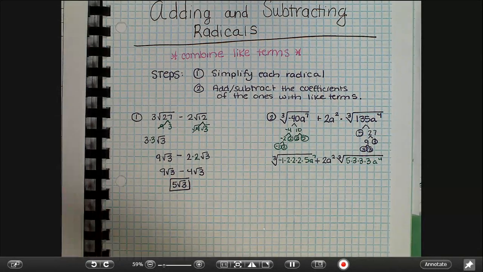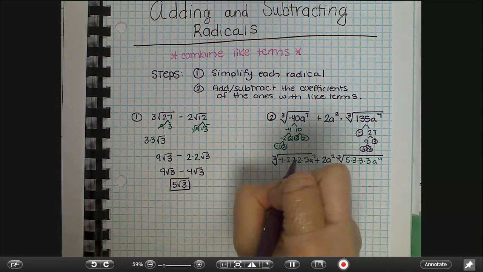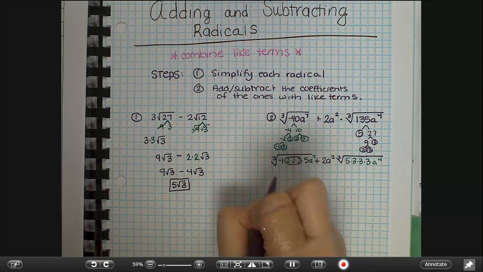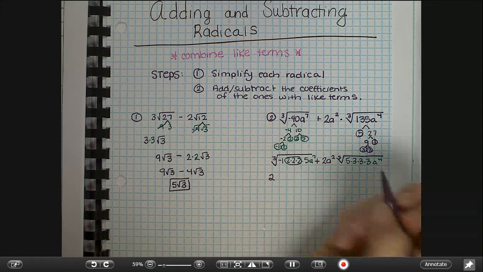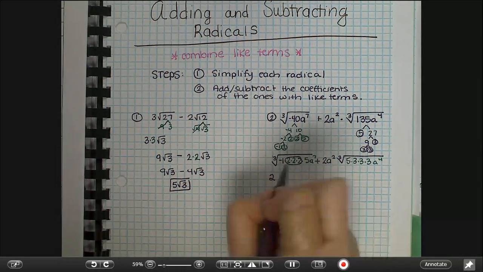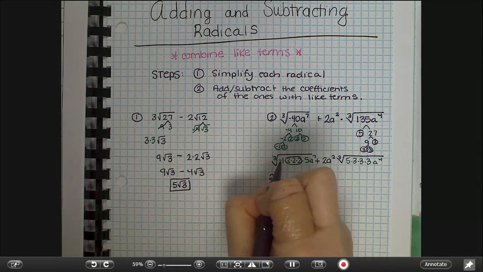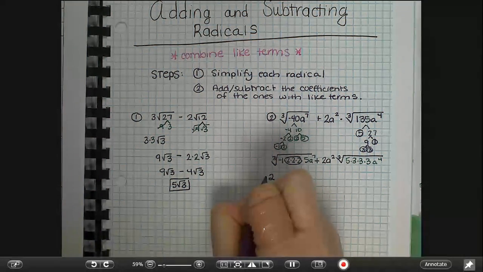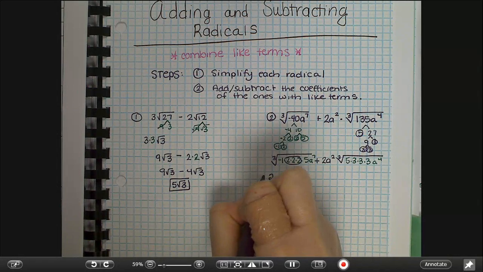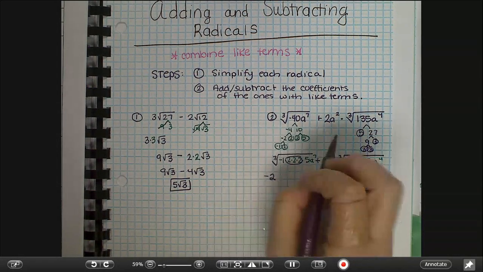As far as our numbers go, we have a group of 3 2s, so that's going to go on the outside. We have the negative, which can come out also. So I'm just going to stick that out there with it. And what else do we have?